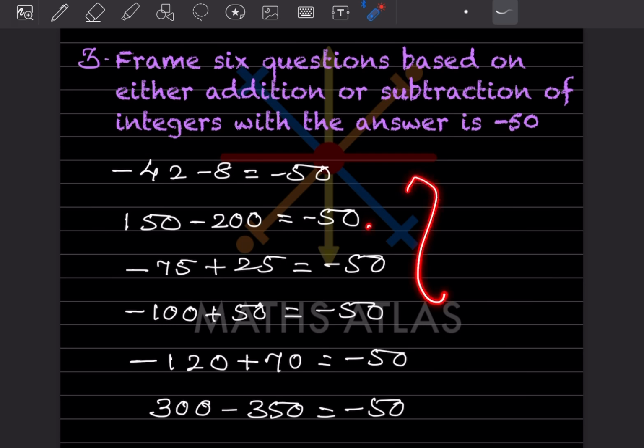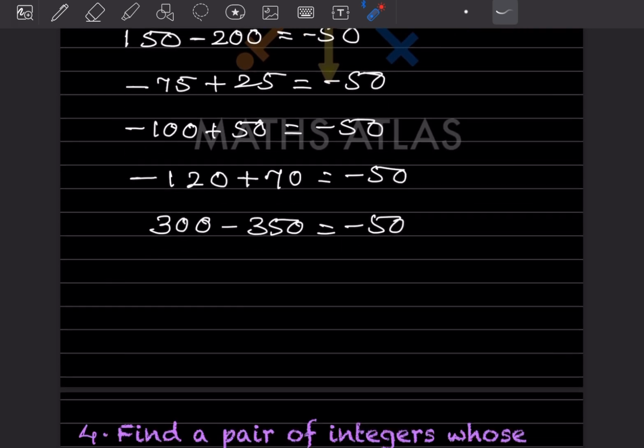You can put any number where you get the final answer as minus 50, but one should be subtraction and the other should be addition. The final answer should be minus 50.